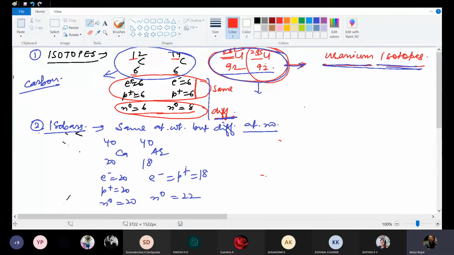Are you writing anything on the screen, sir? Yeah, you can't see it there on the screen. I am writing everything on the screen. Sir, I can see only the isobars.